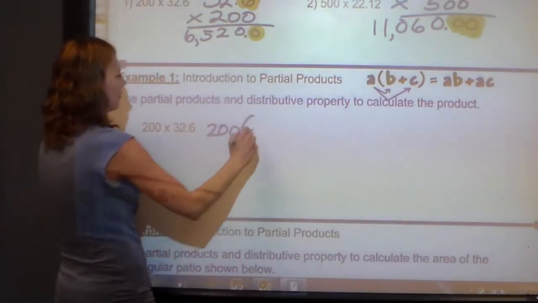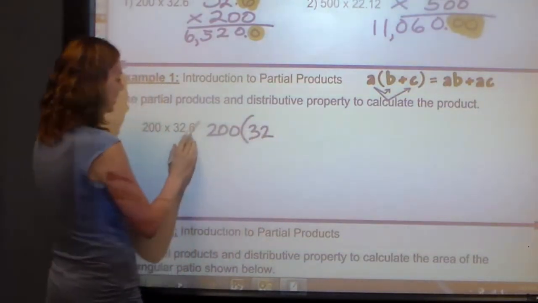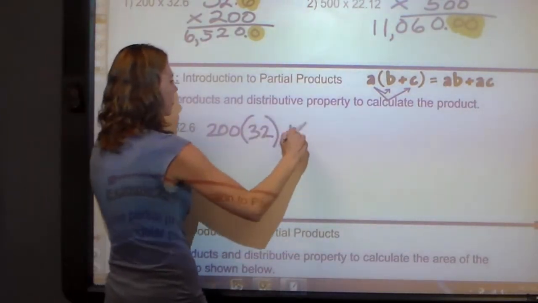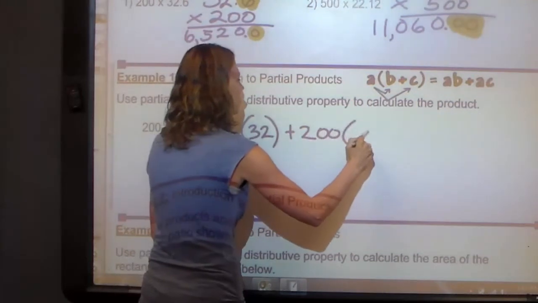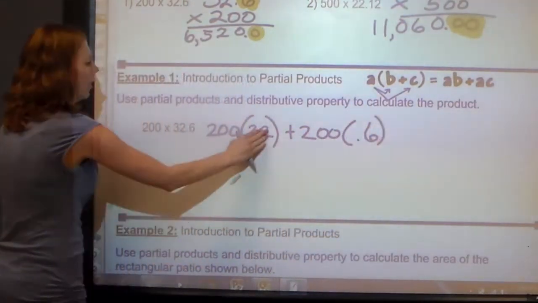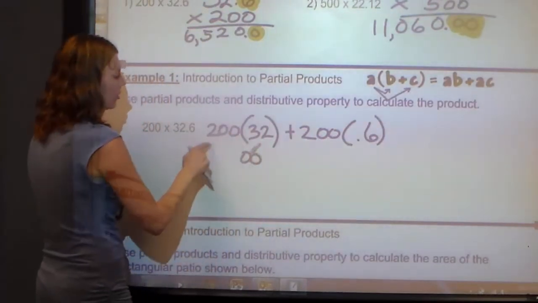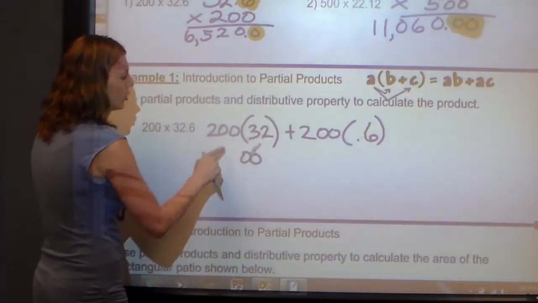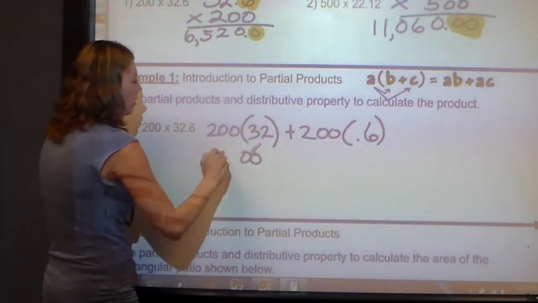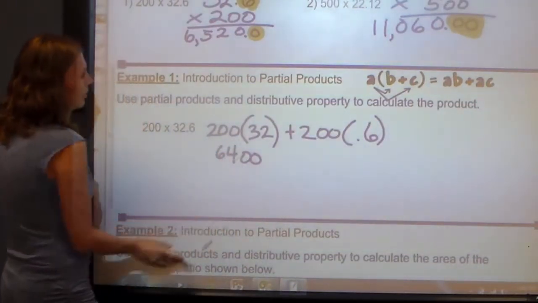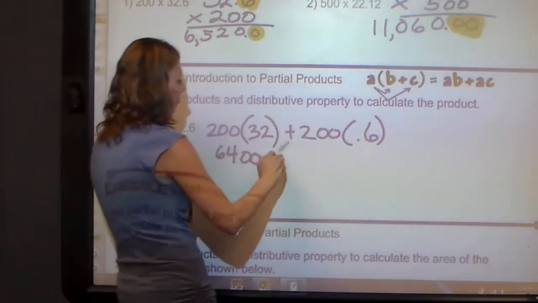We're going to separate the 32 and the 6/10 from each other. This I can do in my head by writing down the 2 zeros from here, and then doubling 32, or multiplying it by 2, which is 64. So that would be 6,400 there.